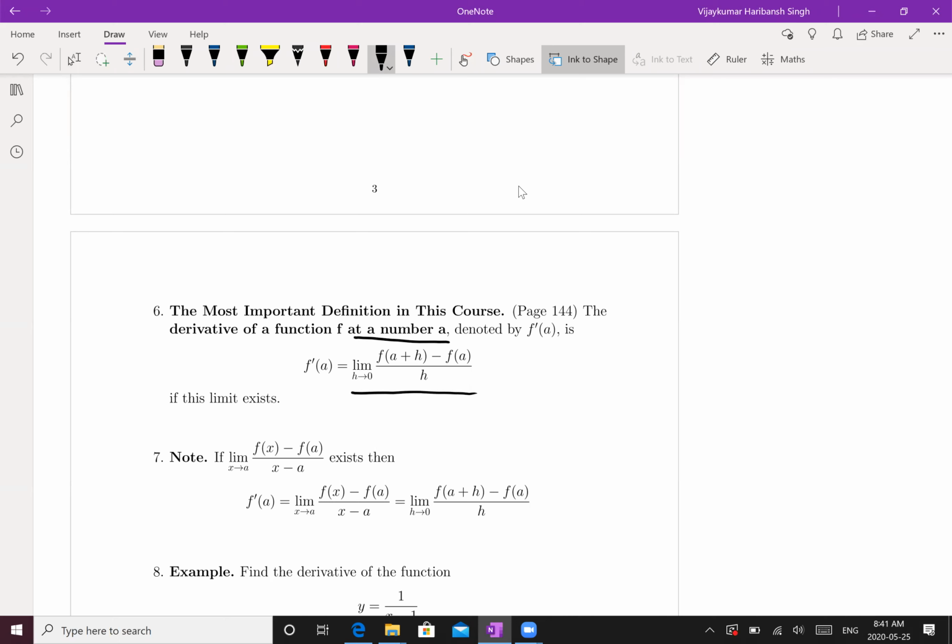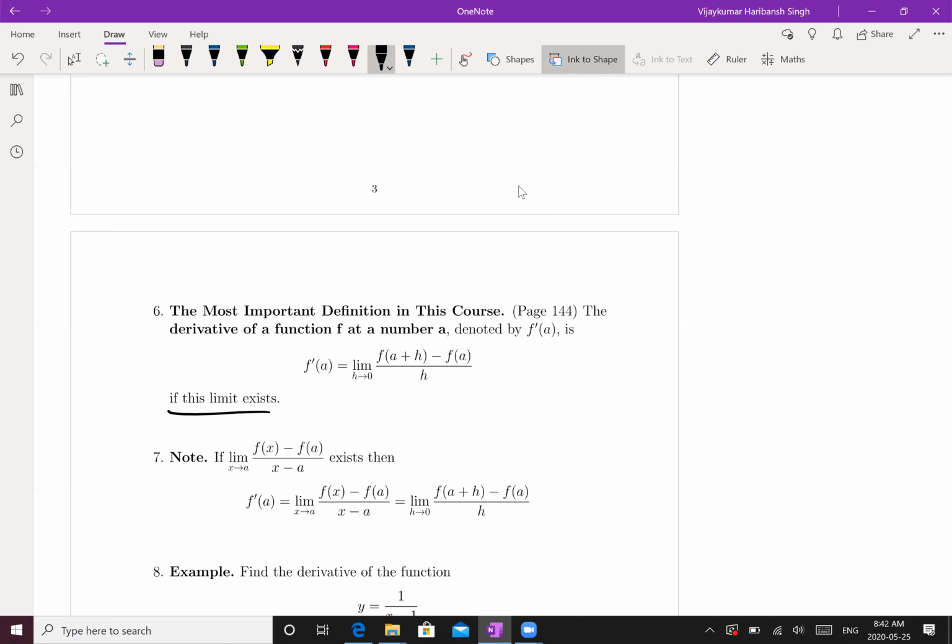If we want to forget about the geometry of being tangent line, we can define derivative to be f prime a is limit as h goes to 0, f of a plus h minus f of a over h. Now, since we have seen cases where limit does not exist, we should say that provided that this limit exists, we have the derivative at that point. If this limit does not exist, then we do not have derivative at that point.